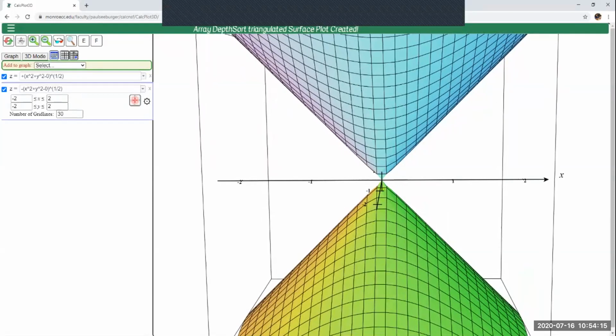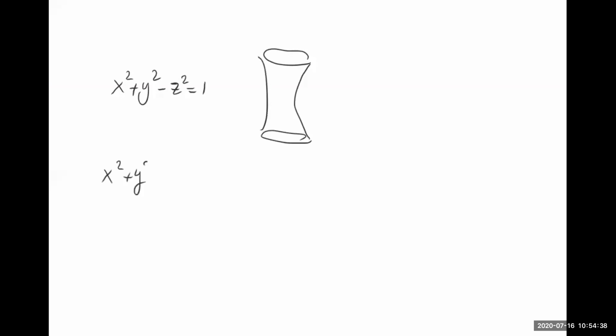So if I want to draw the idea a little more schematically here. When we have x squared plus y squared minus z squared equals 1, we get something like this. When we have x squared plus y squared minus z squared equals 1 over 2, we get, well, let me show this one with red, something like this.